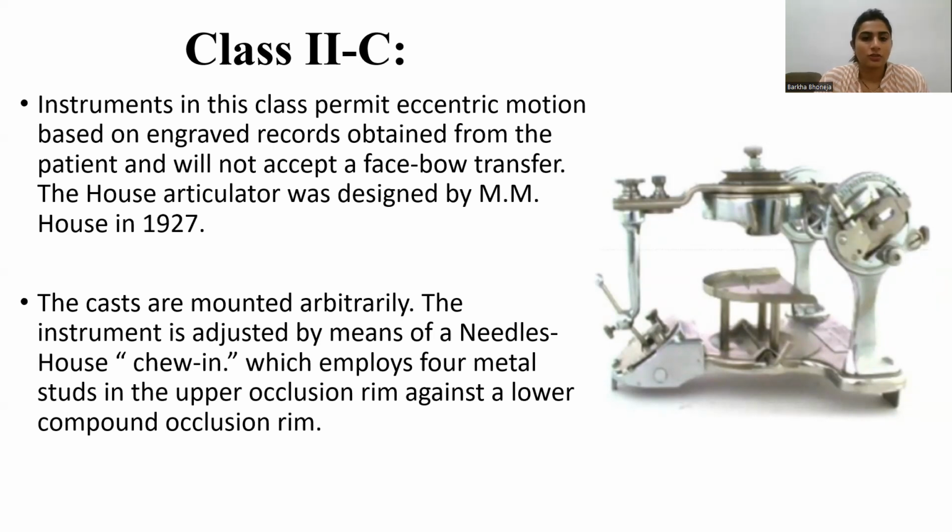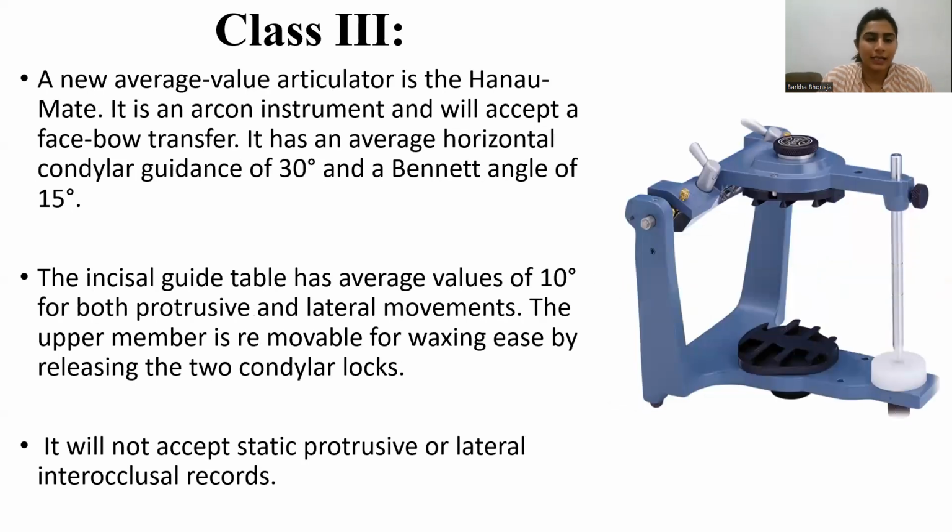You have a method called the Needles-House chewing technique, which employs four metal struts in the upper occlusal ring, followed by a lower compound occlusal ring. You ask the patient to move, and you get the recordings on the compound rim. These recordings are then moved on to the articulator. The values are obtained from the engraved patients, already fixed, and you mount the cast.